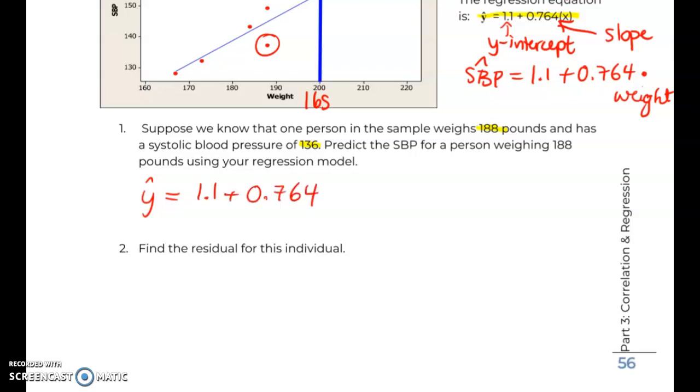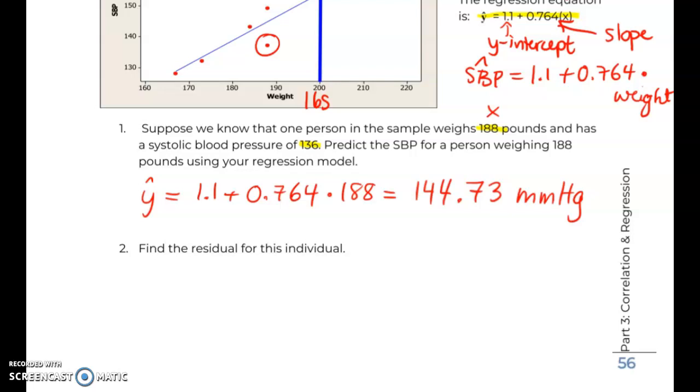With these types of questions, you're always going to plug in your x value, which is 188 pounds, and then calculate this. This is equal to 144.73. The units for y, which is our systolic blood pressure, are millimeters of mercury. Very important, when you're giving a predicted value, you need to make sure you have the units in there.